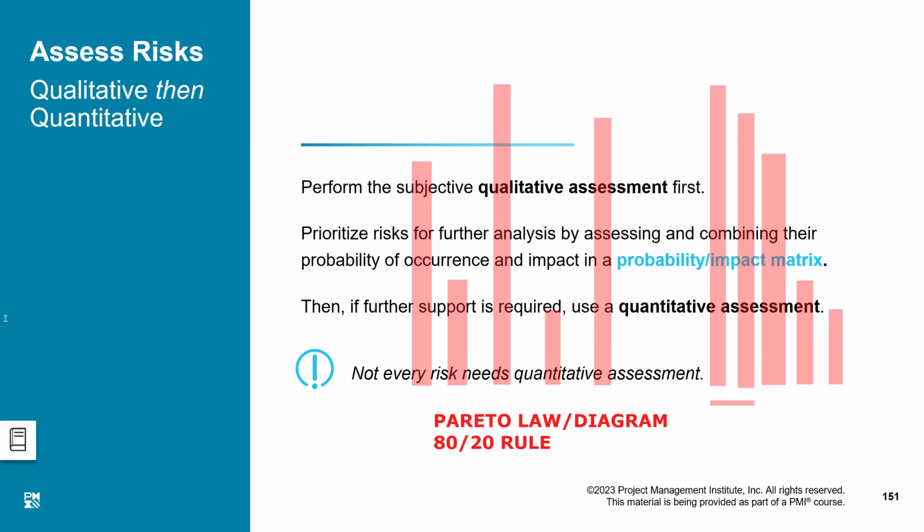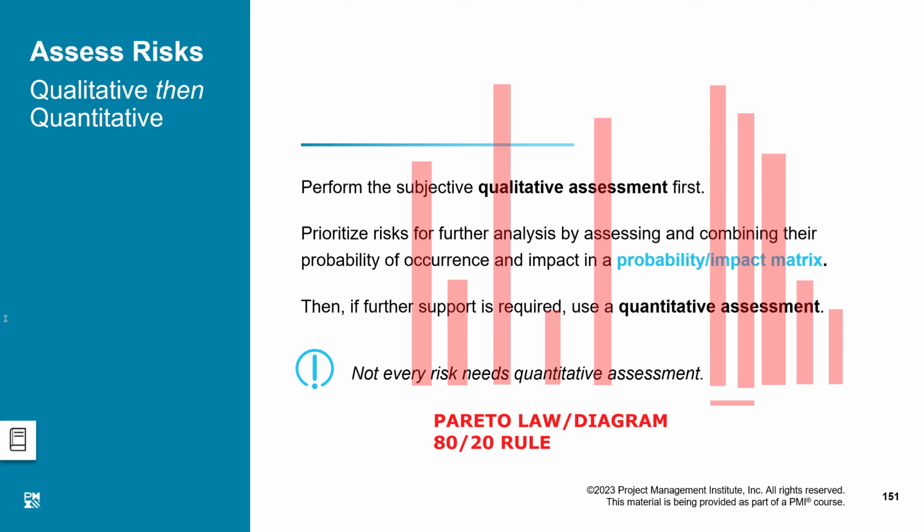Okay. So once we have done the qualitative analysis, say there were 100 different risks identified, and we have, say, 10 categories.